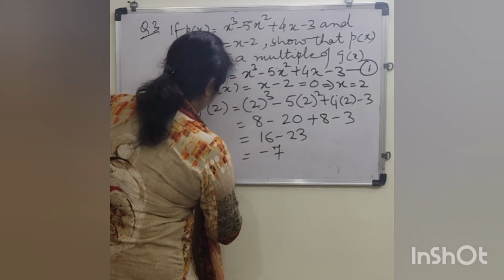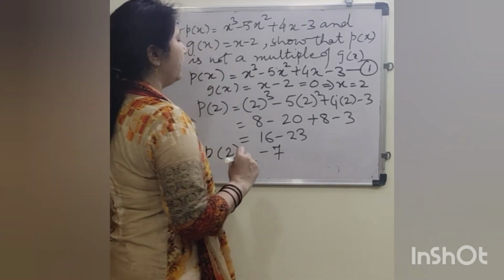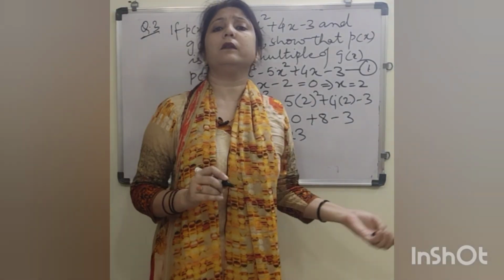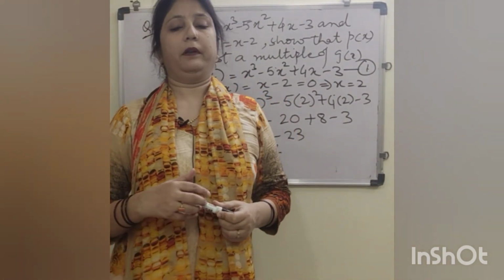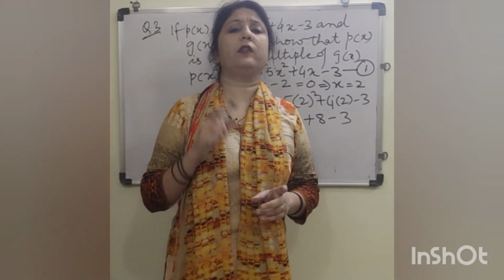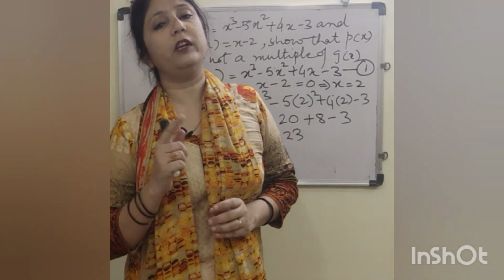So you have seen your remainder is not 0, but you get your remainder as a real number. It indicates that P(x) is not the multiple of G(x).